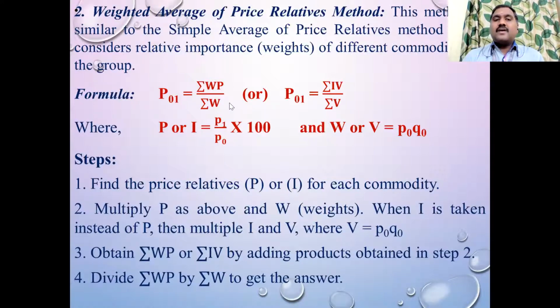For example, if I use the first formula, you can calculate the P value, because in the problem they gave the base year and current year price and quantity. By using those values, we can calculate the P value, and by using this formula we can calculate the W. Then substitute in this and find the price relative value, the index value.